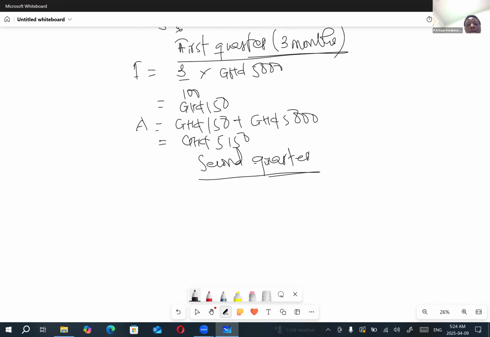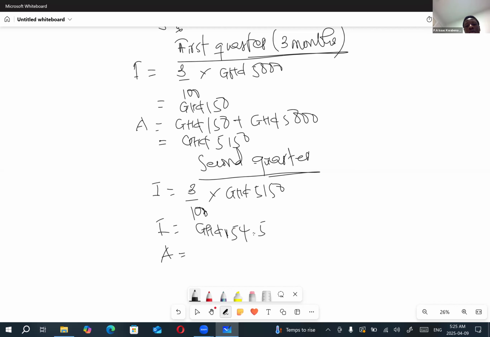The interest will be equal to 3/100 times 5,150. So interest will be equal to 3/100 times 5,150. What's that? 154.5. Right?